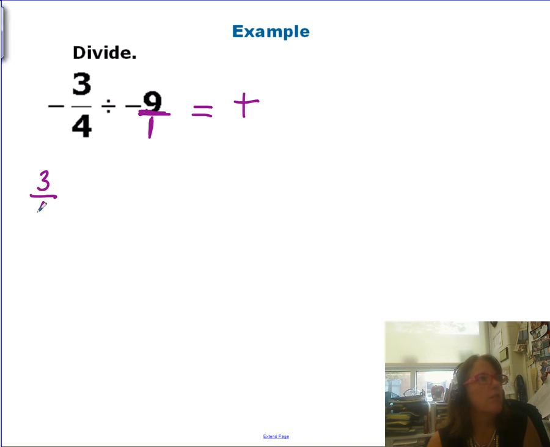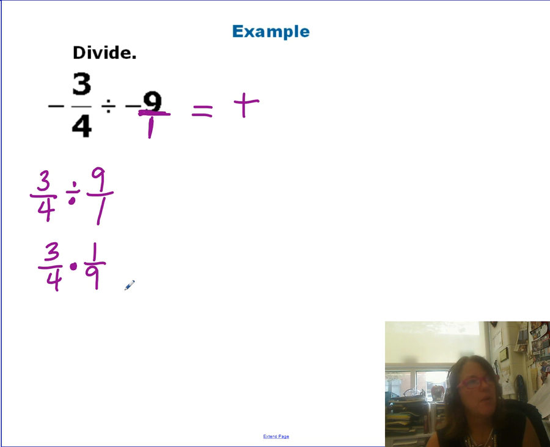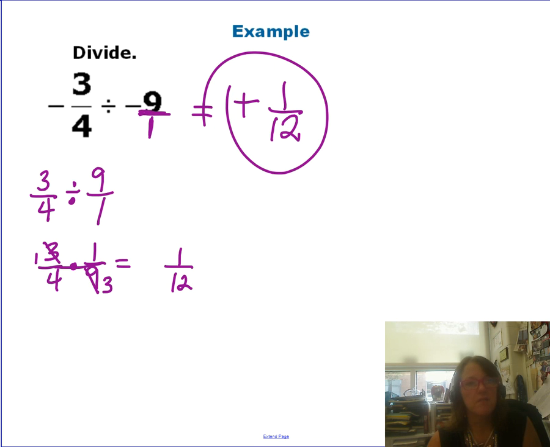I'm just thinking 3/4 divided by 9/1. Okay? Change the division to multiply by the reciprocal. That gives me one giant fraction. I can simplify a 3 out of here, and I end up with 1/12. Oh yeah, it's supposed to be positive. There we go.